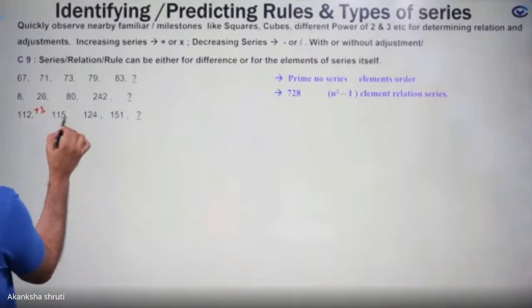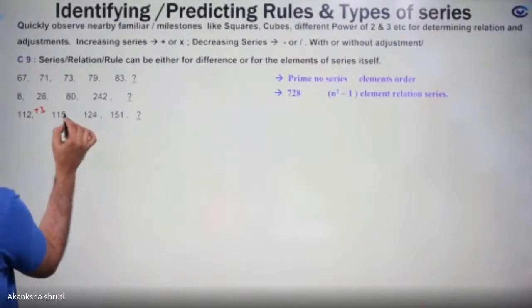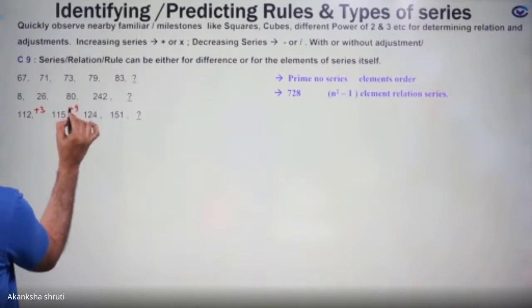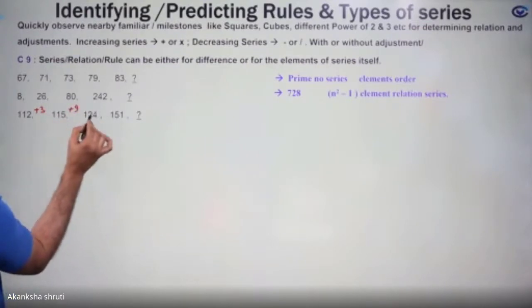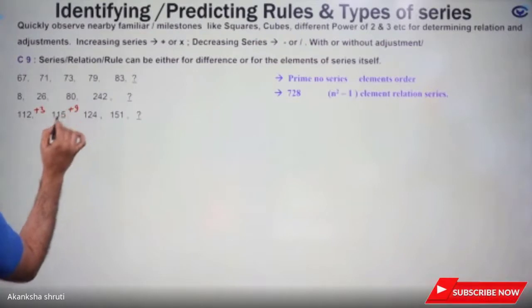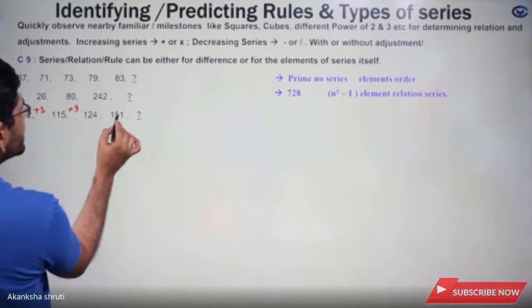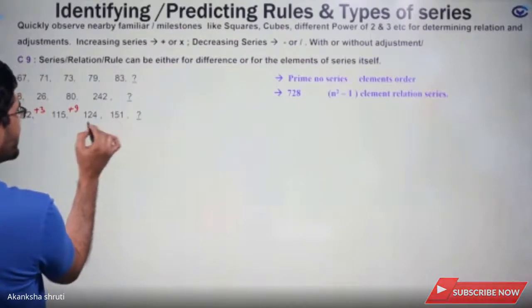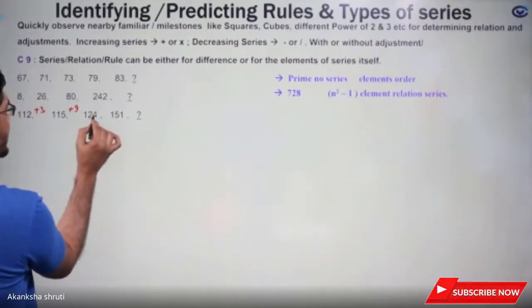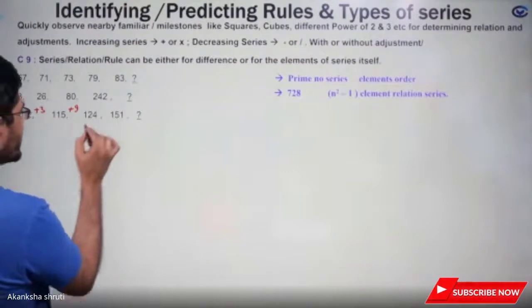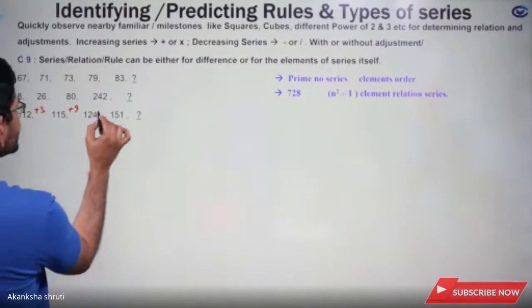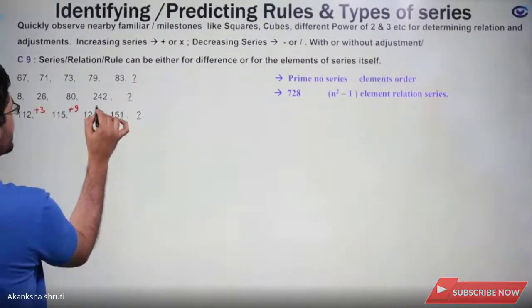Then 115 to 124 is obtained by adding 9, meaning 124 minus 115 is 9. The next one is 151 minus 124. Take the difference. This is our 27.